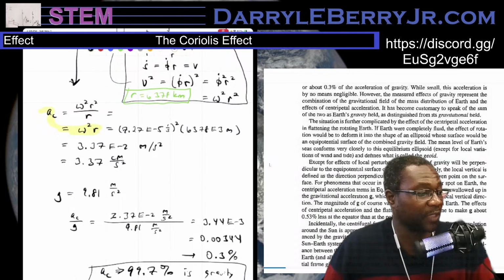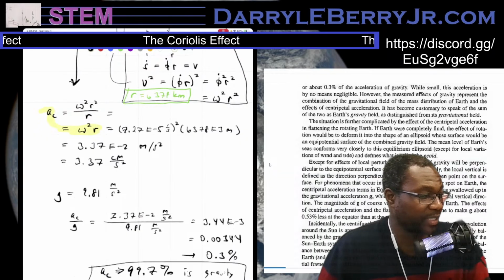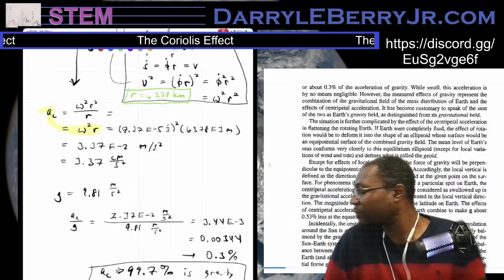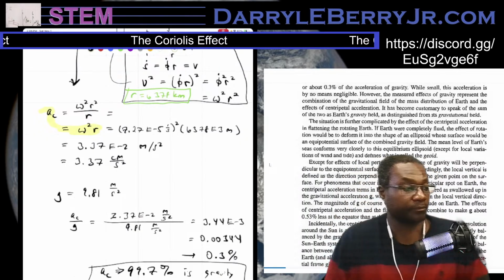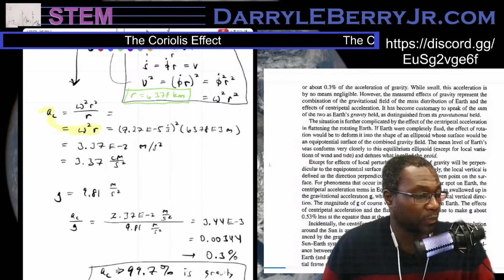Except for effects of local perturbations, the force of gravity will be perpendicular to the equipotential surface of the geoid. Accordingly, the local vertical is defined as the direction perpendicular to the geoid at a given point on the surface, not the actual surface of the Earth.